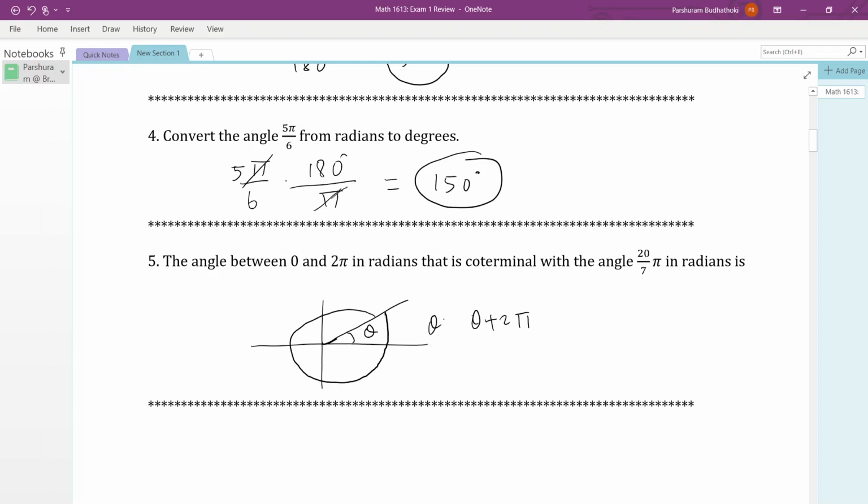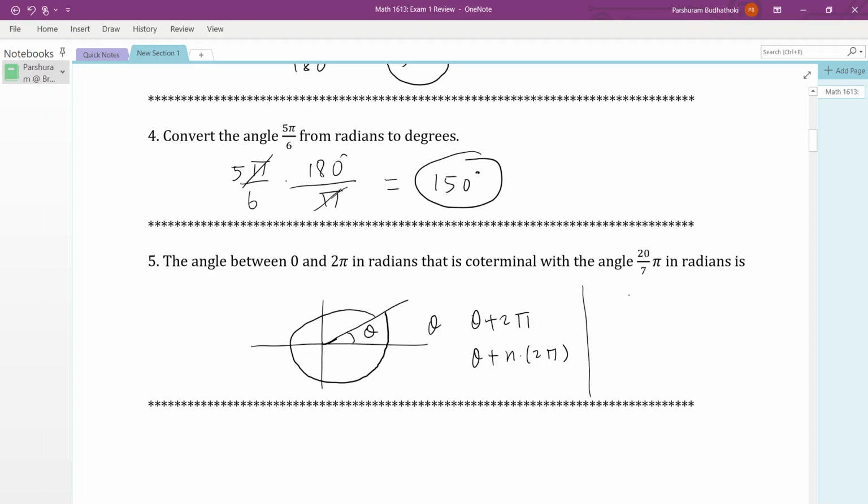No matter how many times you repeat that process. So theta plus 1 times 2 pi, 2 times 2 pi, 3 times 2 pi, so n times 2 pi, that's called coterminal because they share this line. So we need to find out between 0 to 2 pi what is the coterminal of 20 over 7 pi. So we need to find out how many 2 pi's are there.